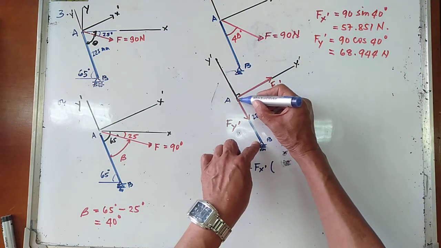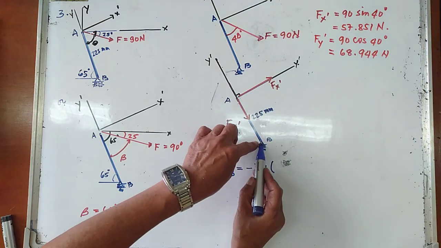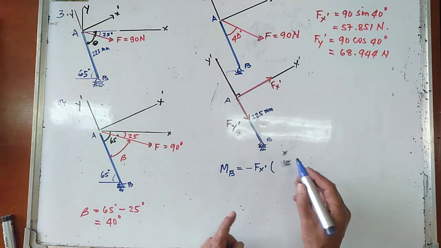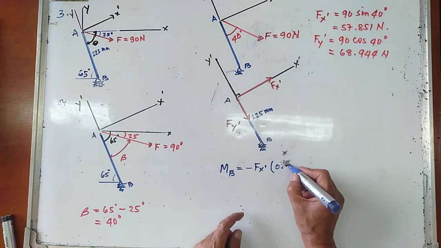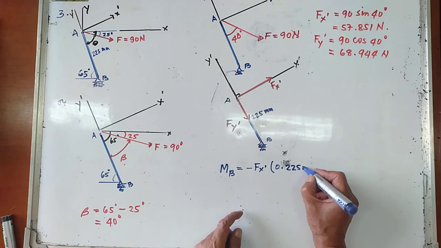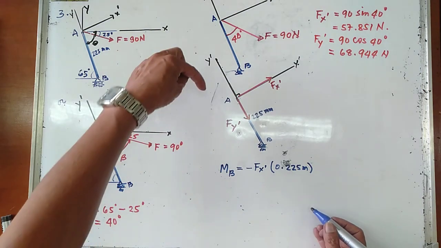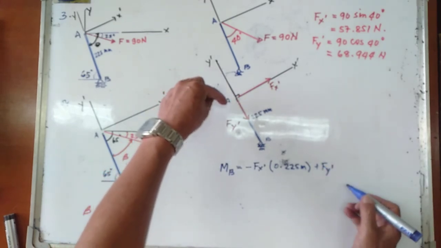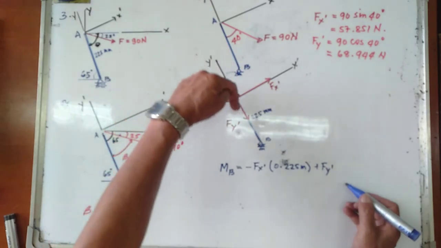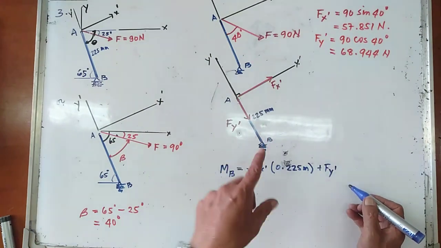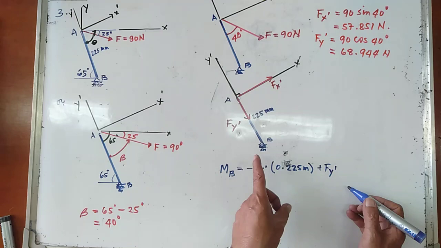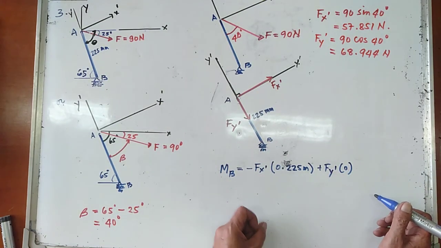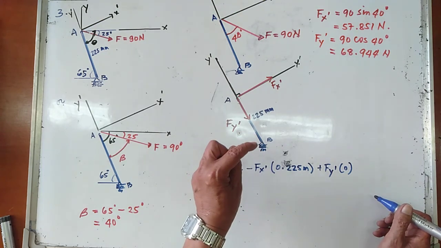It is perpendicular, hence this is 225 millimeters, or 0.225 meters. Now, take note that Fy prime passes through your moment center. Hence, it has no moment arm. The moment arm is equal to 0. Therefore, Fy prime has no moment about point B.